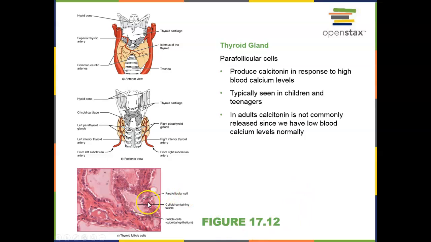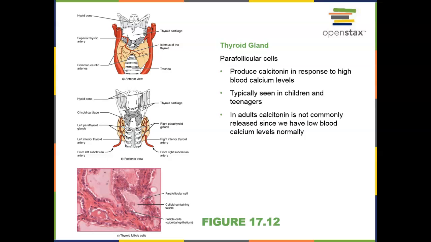So we have follicular cells here, we have follicular cells here, but in between we have parafollicular cells. Parafollicular cells produce another hormone called calcitonin, and calcitonin is going to be released in response to high blood calcium levels. So we see this hormone being released in infancy, in children, in childhood, in teens.